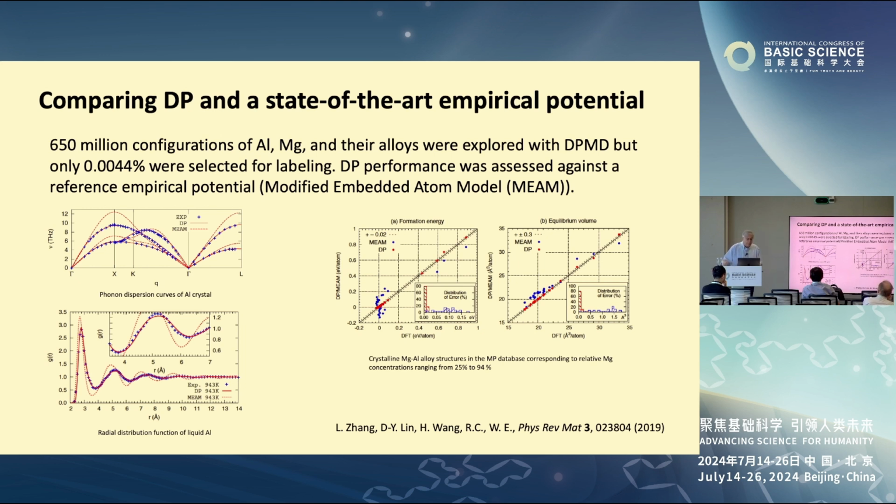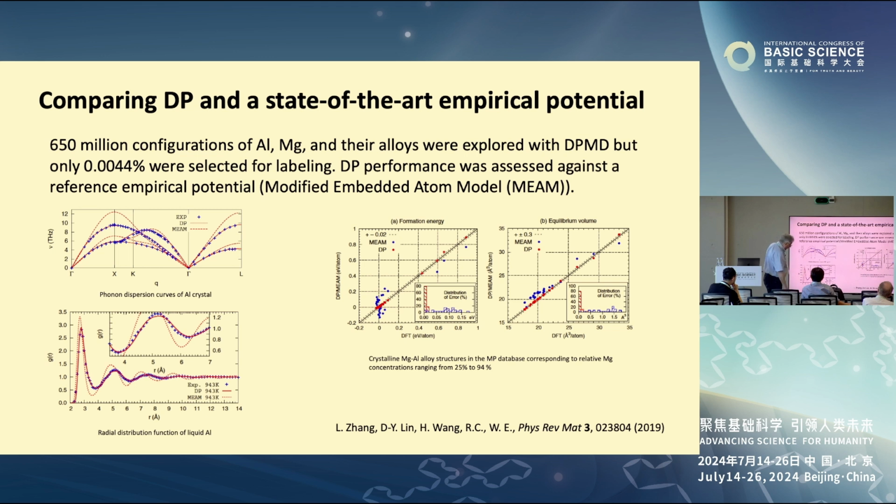And as one can see, in this work we used this potential to model aluminum and magnesium. In particular, here I present data for the potential in the case of a phonon calculation for aluminum, and you can see there are also experimental data that are represented here by these crosses. You can see that the deep potential reproduces much better the phonon dispersion curves than the modified embedded atom model.